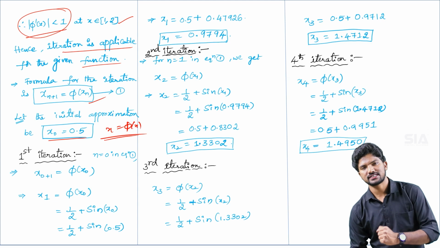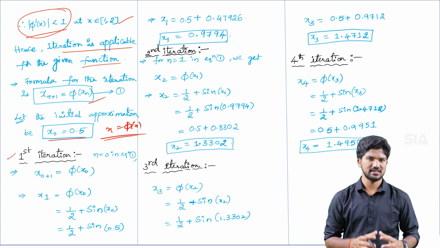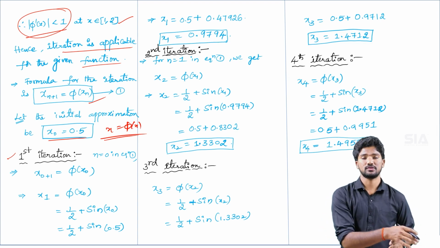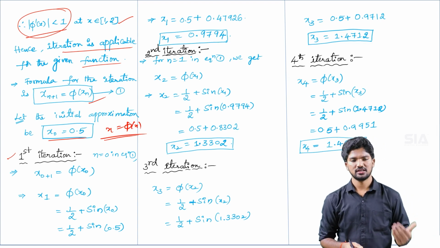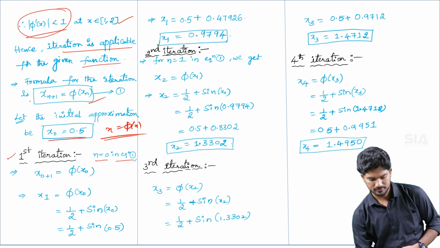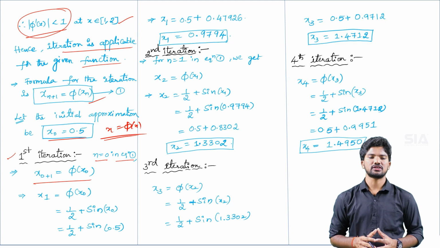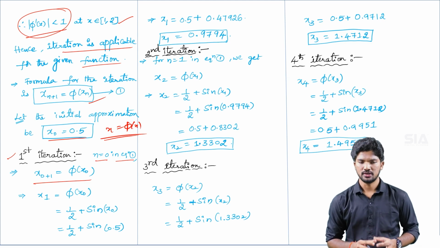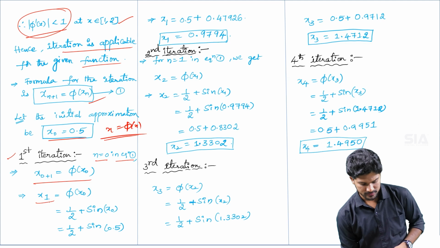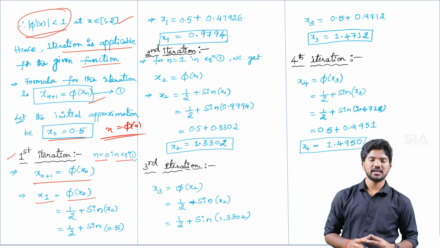With the help of that x naught, first of all I am writing the first iteration. The name of the method is iteration, so that's why we are taking it as first iteration. In the previous methods we took it as first approximation. Now first iteration, for n is equal to 0 in equation number 1, it will become x suffix 0 plus 1 is equal to phi of x suffix 0. So already we know very well the x suffix 0 value. So x1 is equal to phi of x naught. Substitute x naught in phi of x.